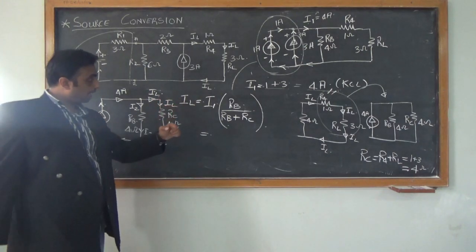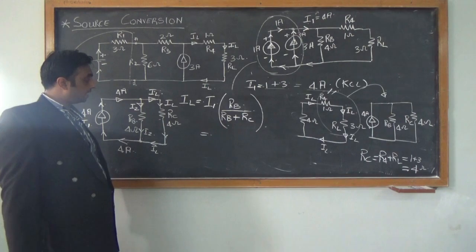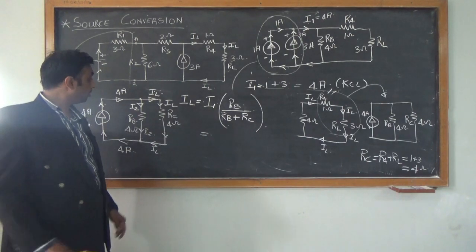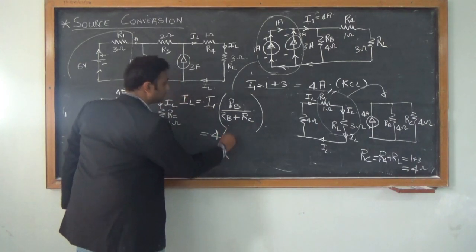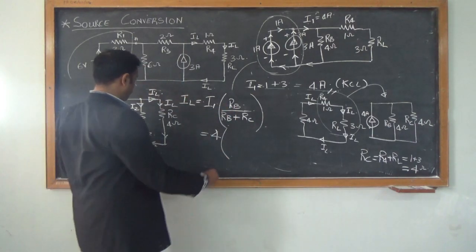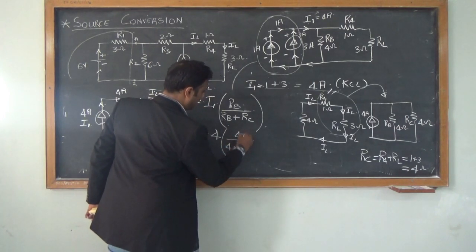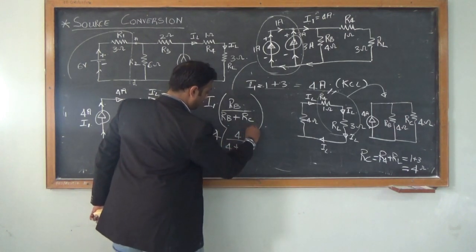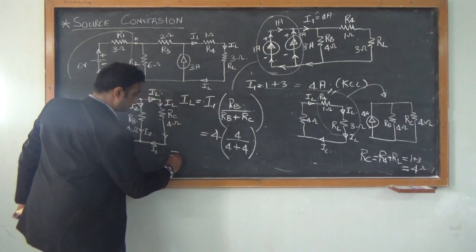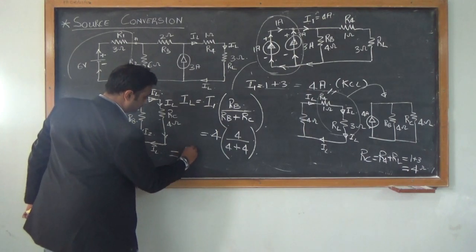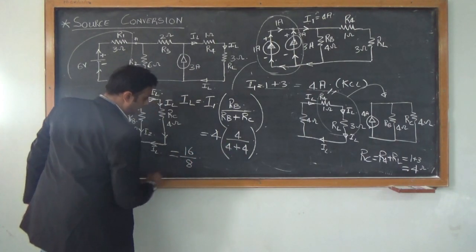Now coming back to IL. So now we can use this formula and find out the value of IL. Now the value of I1 is what? 4 amps. So I wrote the value of 4. RB value is 4. RB is also 4 again. RC is 4. So I have 16 divided by 8.